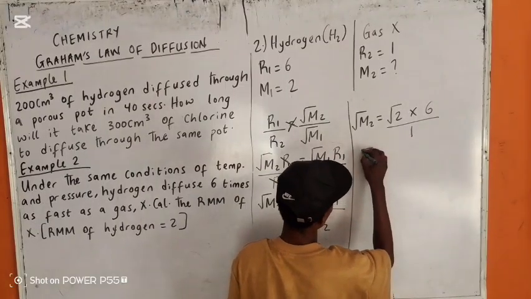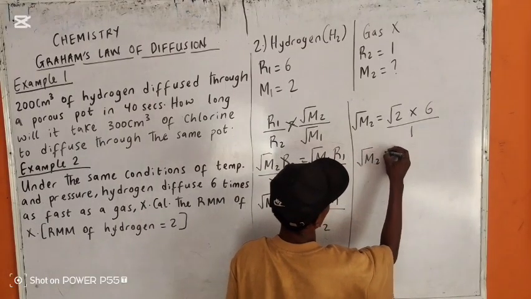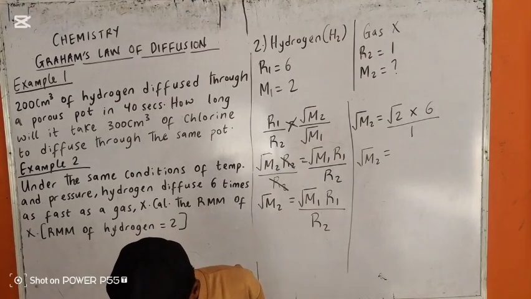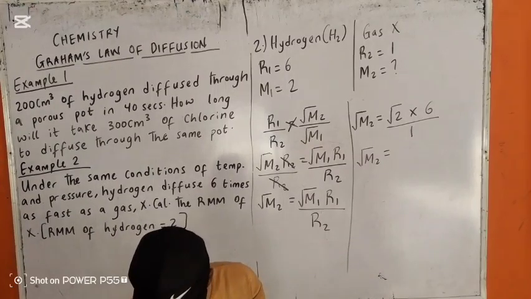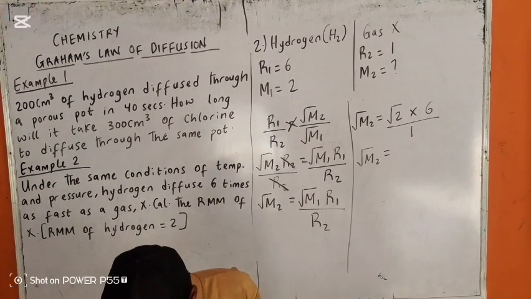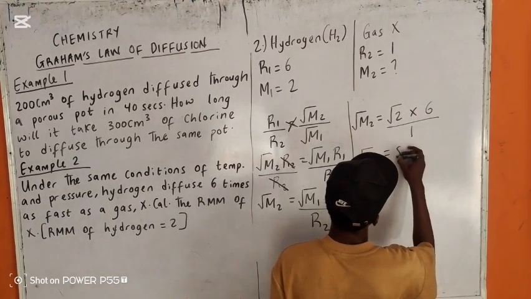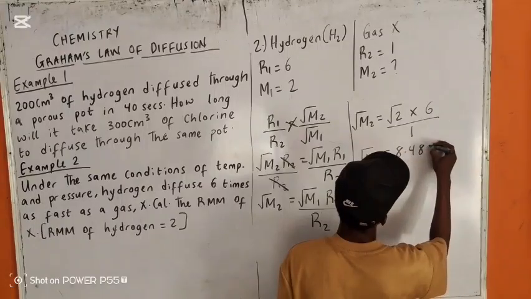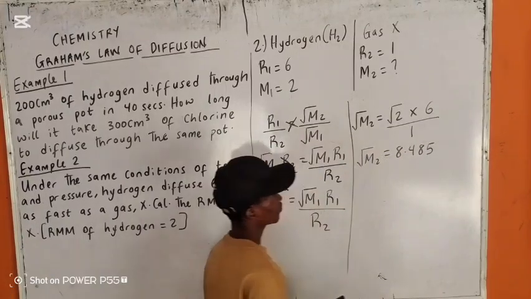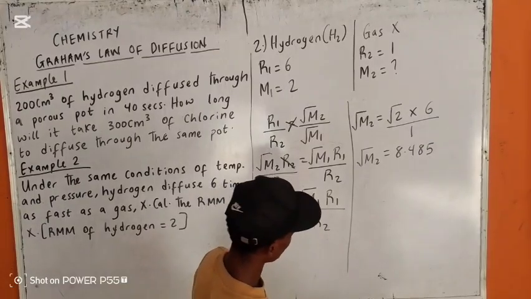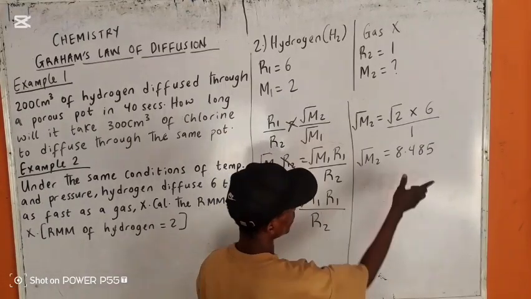So the square root of M2 equals the square root of 2 multiplied by 6. So we get 8.485.